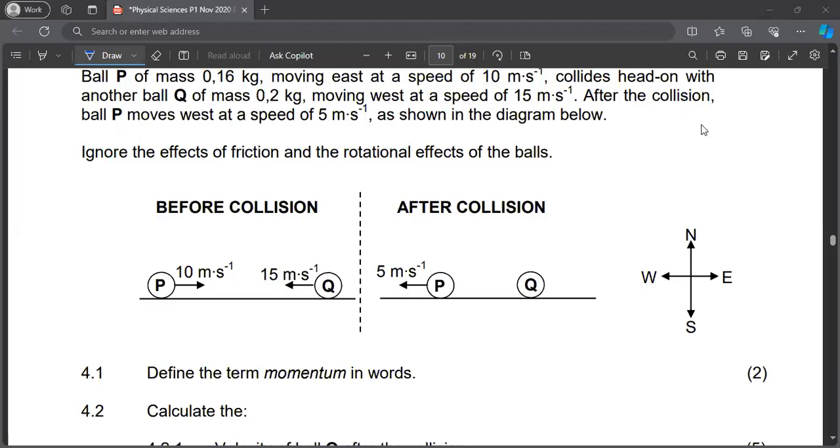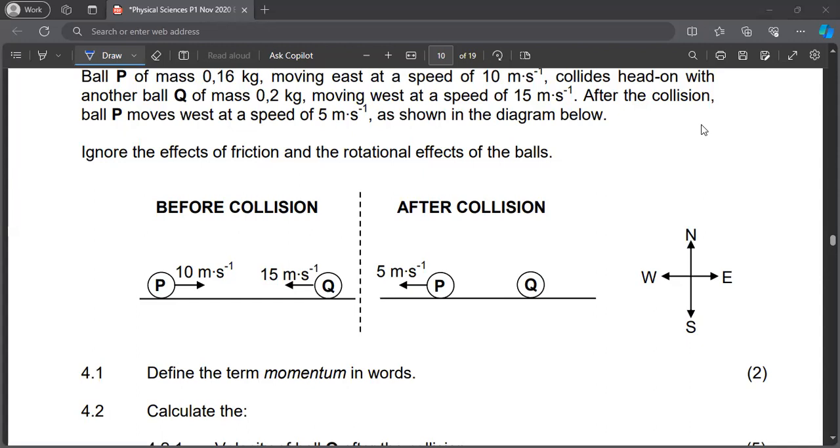So today we pay special attention to momentum and impulse. Let's consider this situation. Ball P of mass 0.16 kg moving east at a speed of 10 meters per second collides head-on with another ball Q of mass 0.2 kg moving west at a speed of 15 meters per second.